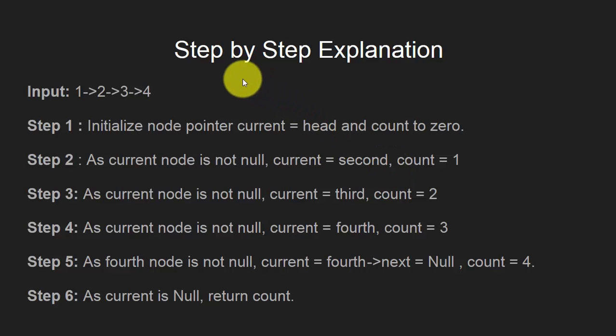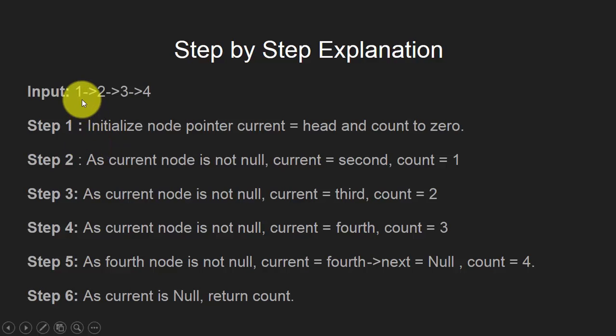Let us now look at a step-by-step explanation of how this algorithm is working. Consider a sample linked list as shown here. We will first initialize a pointer to point to the head node and a variable count to 0.